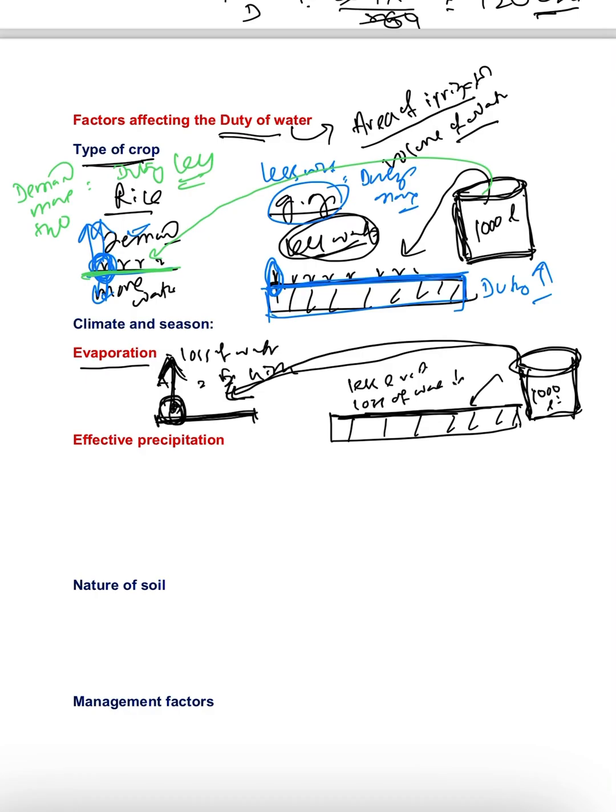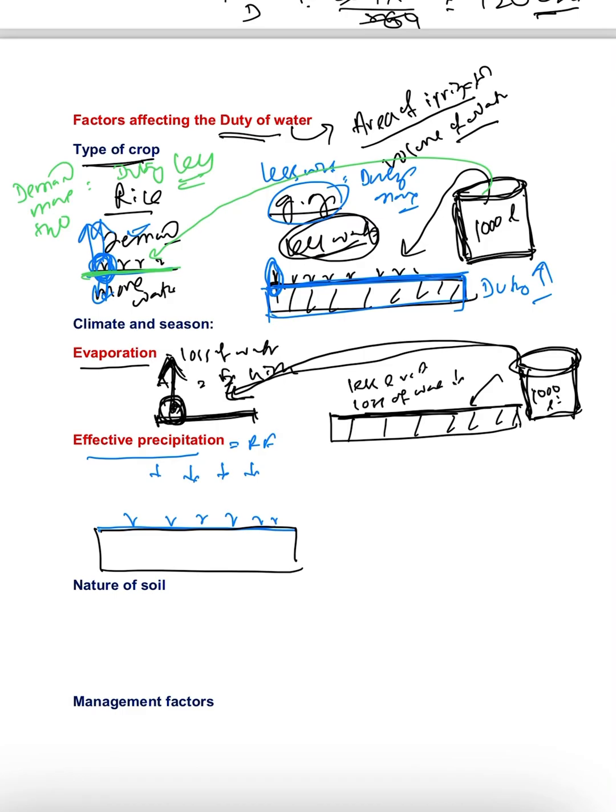Okay, then next is effective precipitation. So what do you mean by effective precipitation? Suppose this is my soil and the crop is there, and as you know, precipitation means rainfall. So effective precipitation means effective rainfall. Suppose rainfall is there.